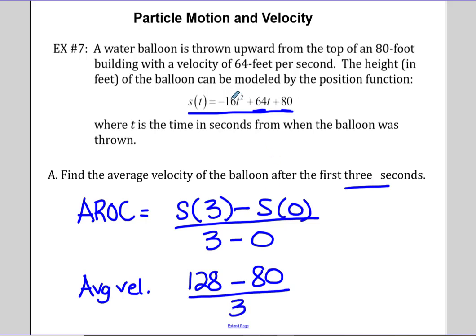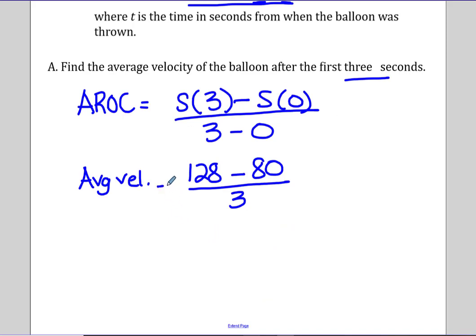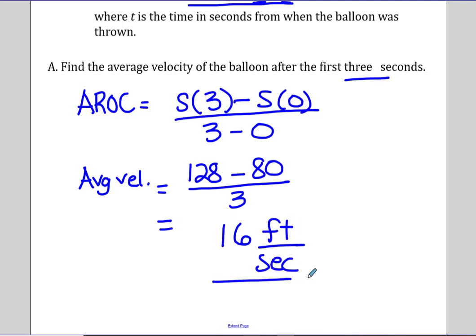I substituted 3 in here and substituted 0, which makes our average velocity 16 feet per second. So that's the slope of the secant line on the first 3 seconds, passing through 0 and 3.